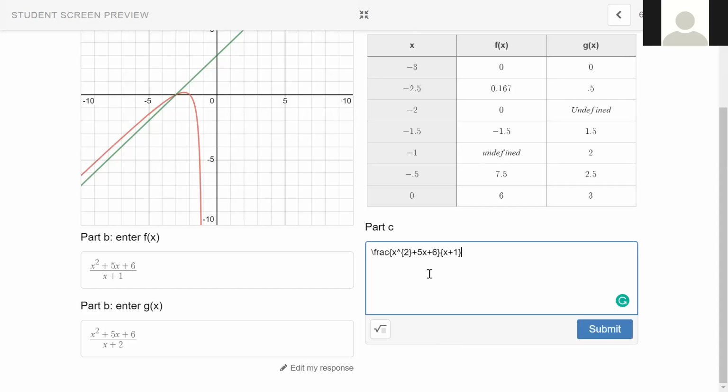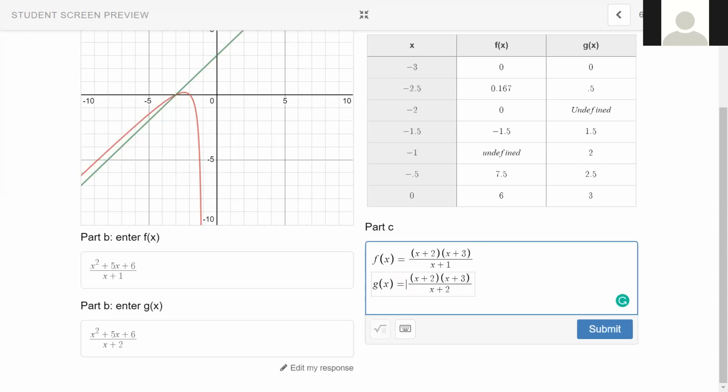See this top: x plus 2, x plus 3. There's f of x and g of x.